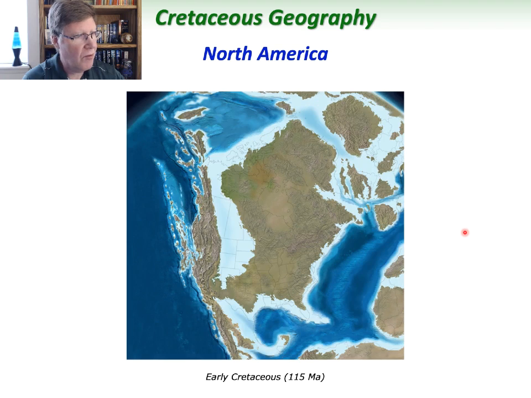If we move forward to 115, you can see a foreland basin developing here, stretching in from the north all the way towards the Gulf of Mexico. So a mountainous area here to the west of that, and a low, broad continental plain here off to the east.